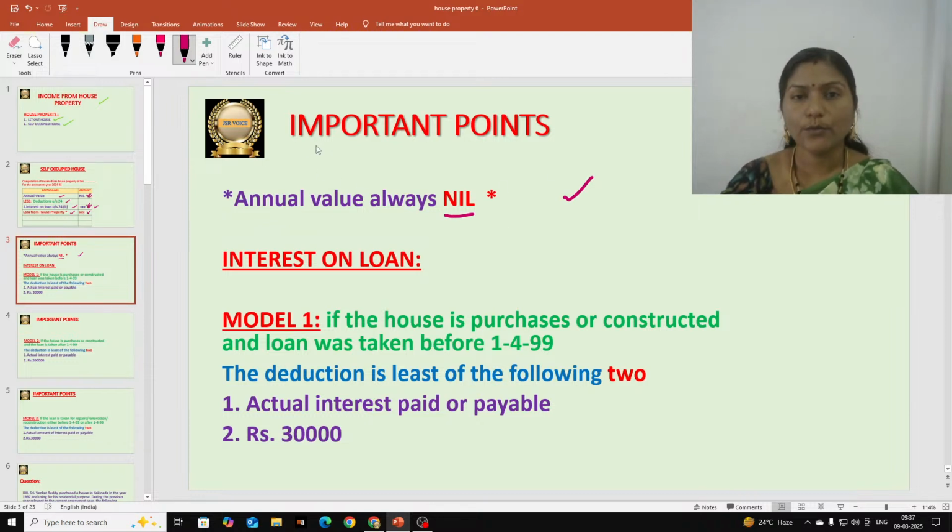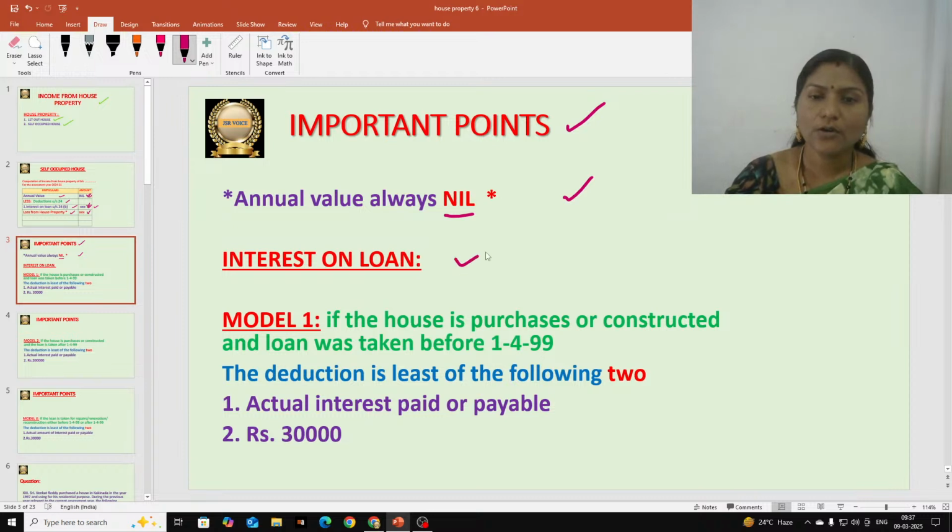Next, coming to interest on loan, if you want to give it as a reduction under section 24(b), there are 3 models that we should consider and know. What are those 3 models?